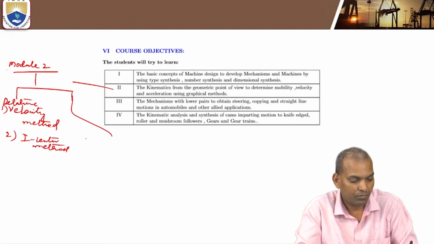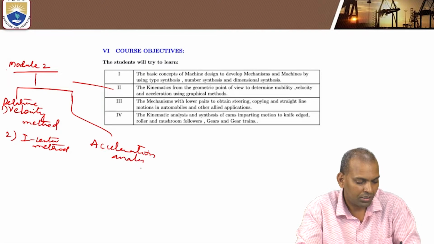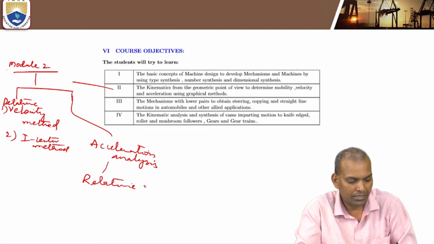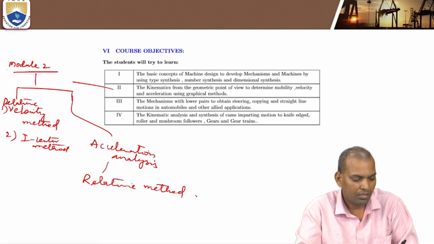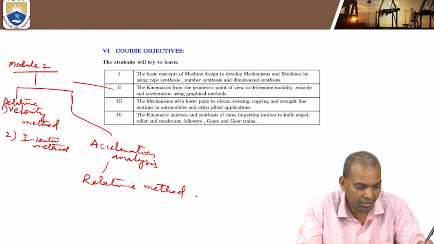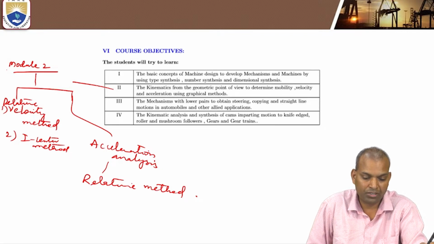In this module 2, acceleration analysis is done by the relative method. So by using the relative method, we will do velocity analysis and acceleration analysis. By using only the I-center method, we will find out only velocity analysis.